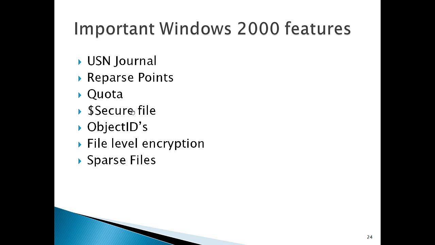File level encryption is an enhancement. It used to be that the only encryption you could have was disk level encryption. Now you can encrypt just a single file. And sparse files. This is a way of dealing with large files that have very redundant data, and in most cases the data contains a lot of zeros.